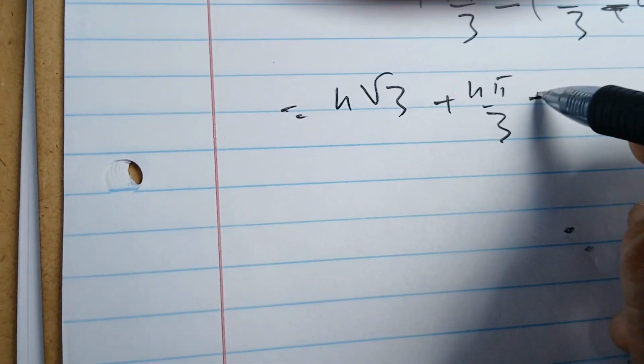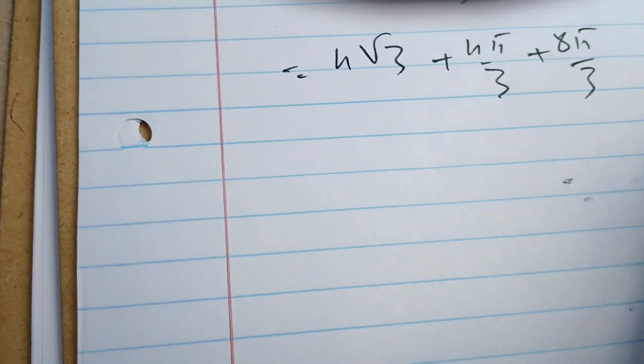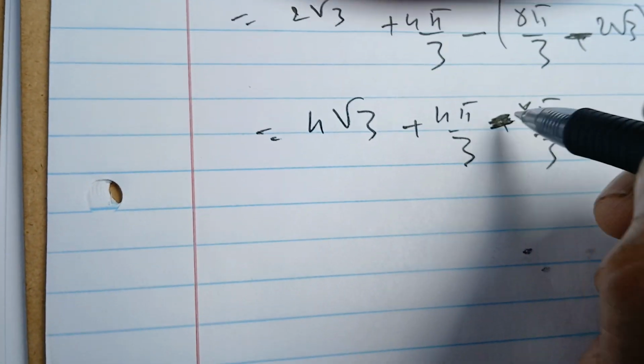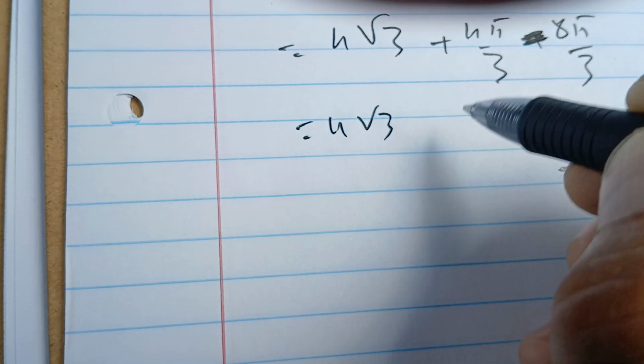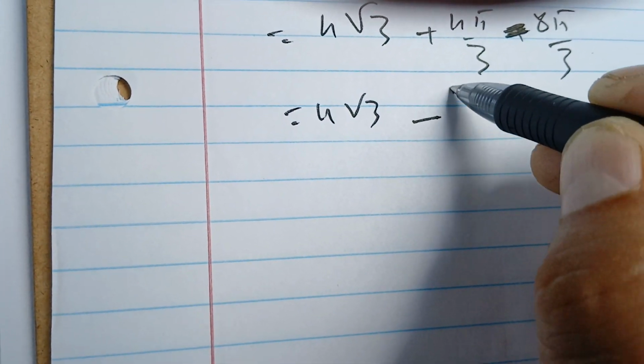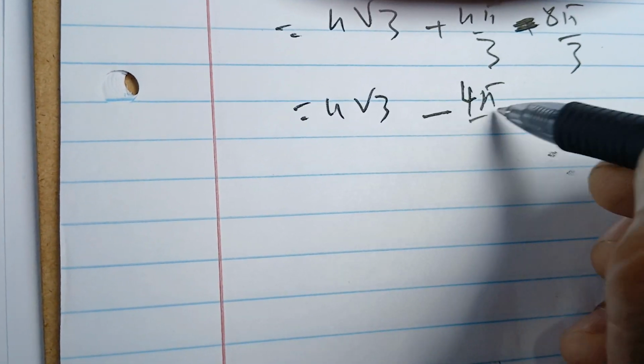So once I compute that, I get 4 square root of 3 plus 4 pi over 3 plus 8 pi over 3 minus. So I get 4 square root of 3 minus 4 pi over 3.